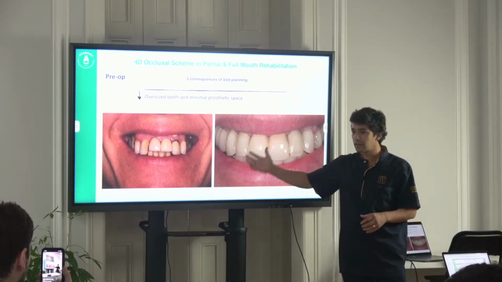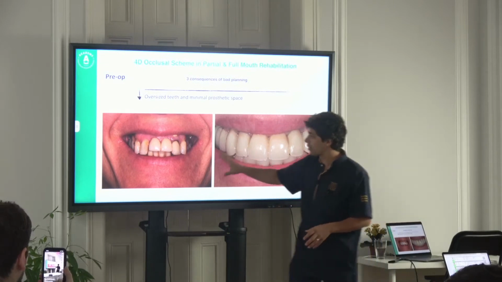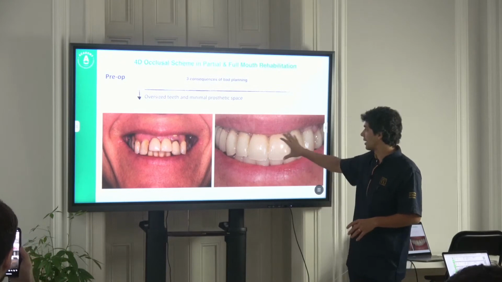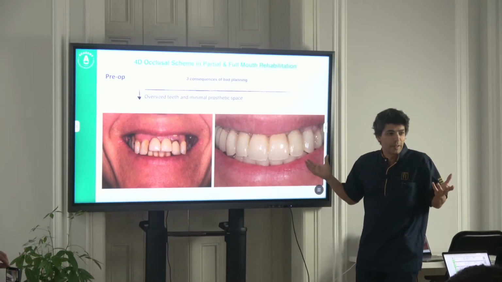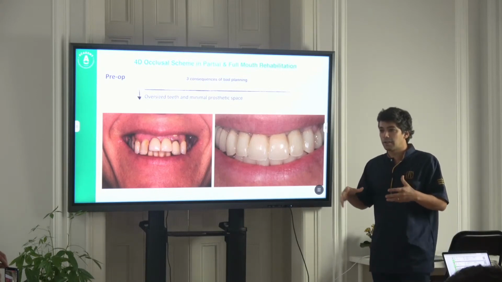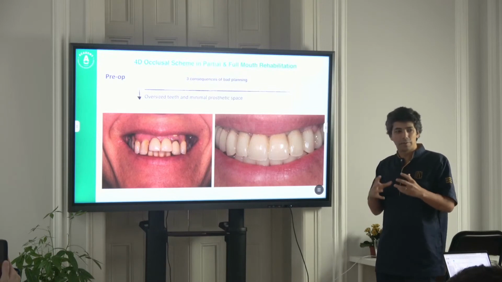Of course, another consequence of bad planning is another case that I received. I got then the pre-op picture, but I had to handle it the way I could. And of course, the oversized teeth and what is now called FP1 rehabilitations have a lot of detours.